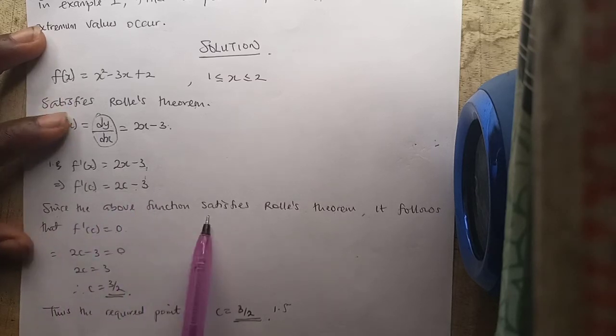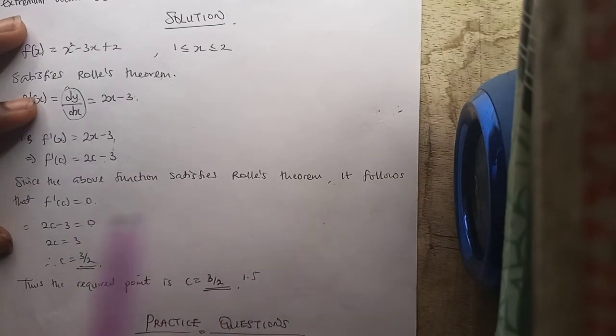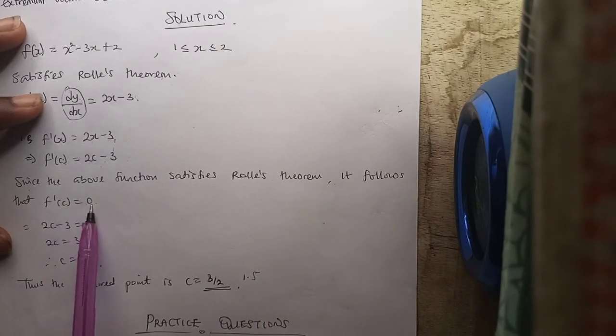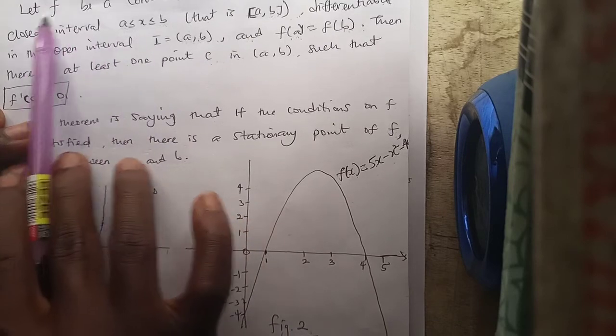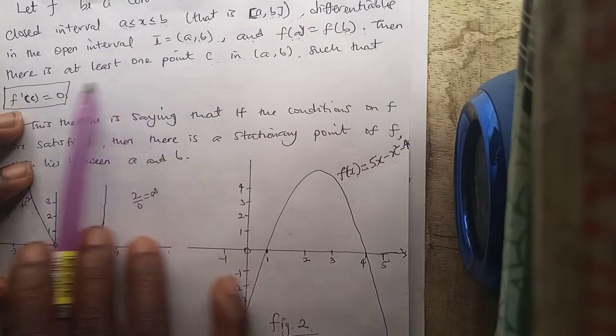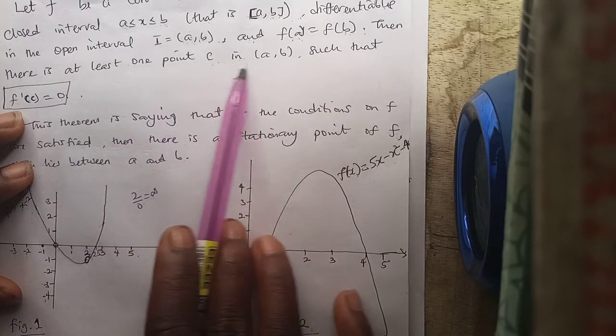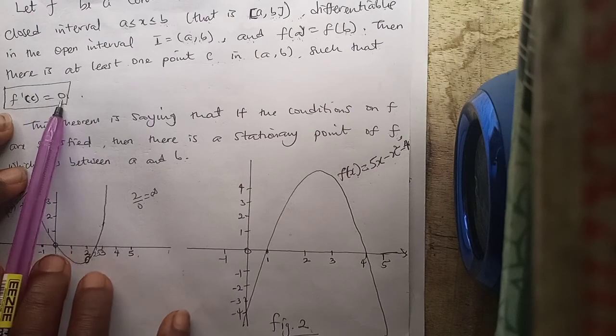Since the above function satisfies Rolle's theorem, it follows that f prime of c equals 0, because that is what Rolle's theorem states. Rolle's theorem states that if the function satisfies the three conditions, then there's at least one point c in between a and b such that f prime of c equals 0.